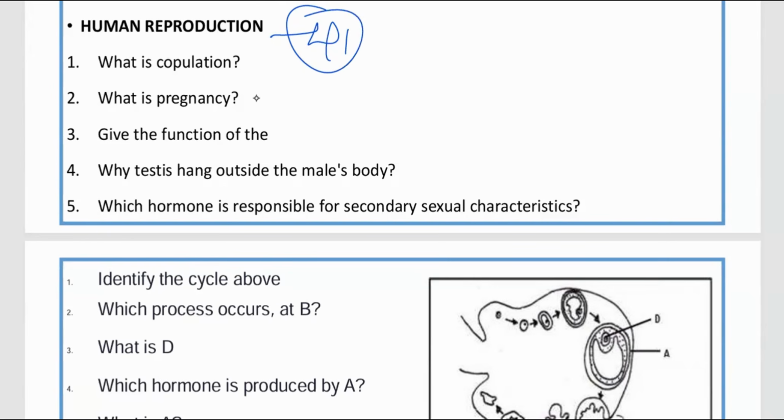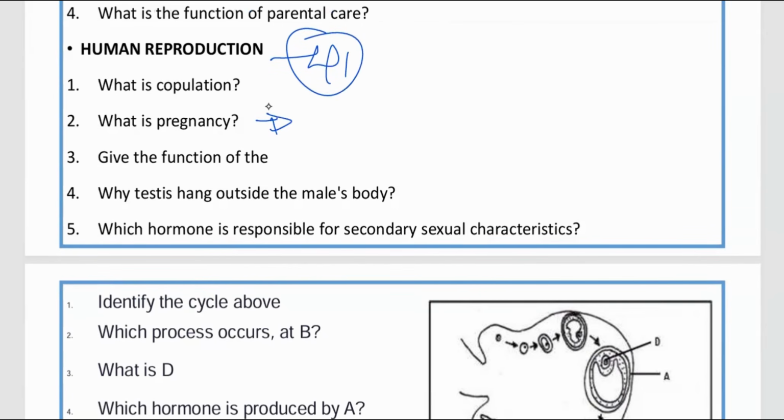And then they're saying pregnancy. This is just a period from when the zygote has been implanted until giving birth. So pregnancy, you become pregnant. We say that you are pregnant when implantation basically has taken place.